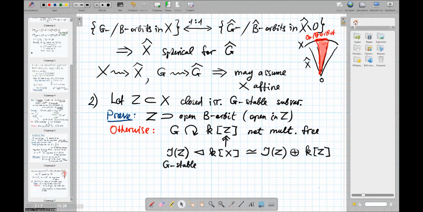So the G-stability of this ideal is not relevant to the not multiplicity free condition? No, this is not relevant to multiplicity free. This is G-stable because Z is G-stable. The variety is preserved by the action of G, and this means that the ideal of this variety is also preserved by the action of G. Okay? This has nothing to do with multiplicity free.